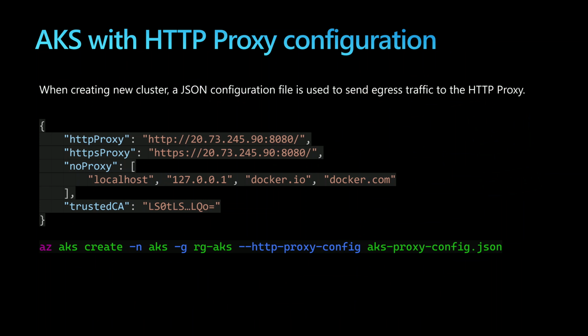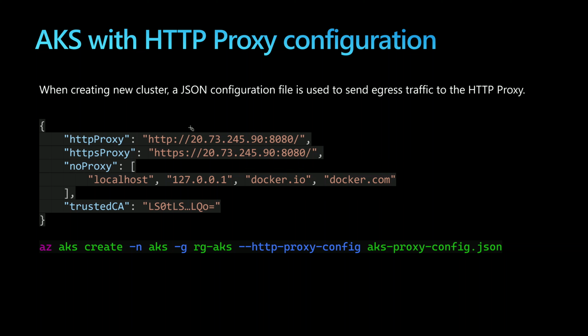So typically you will need to create a JSON file that contains the configuration for the proxy, and this contains the HTTP proxy IP address and port number, the HTTPS proxy IP and port number, and in the no proxy block right here we mention the IP address, the localhost and the CIDR ranges that should not be proxied. Here I'm adding docker.io and docker.com as an example to this list.